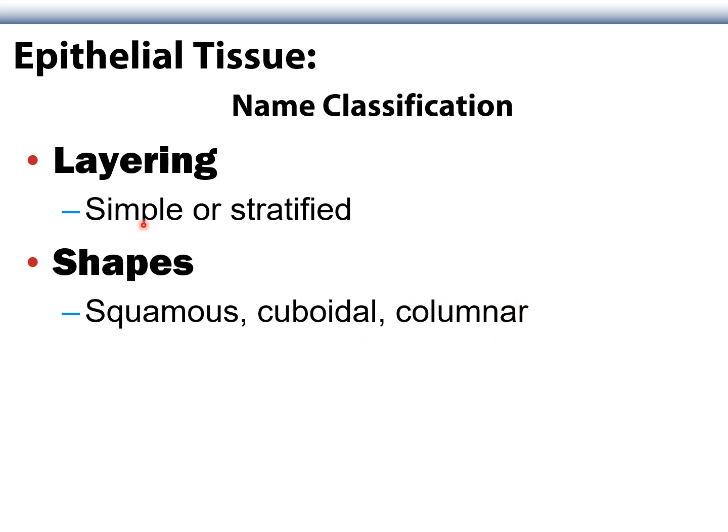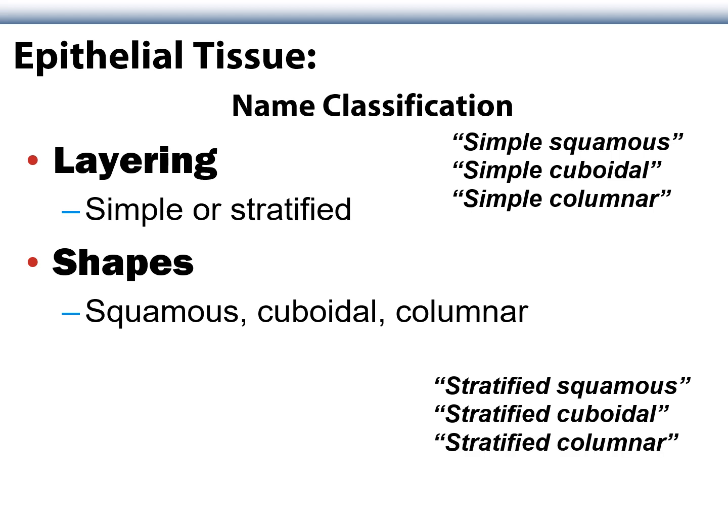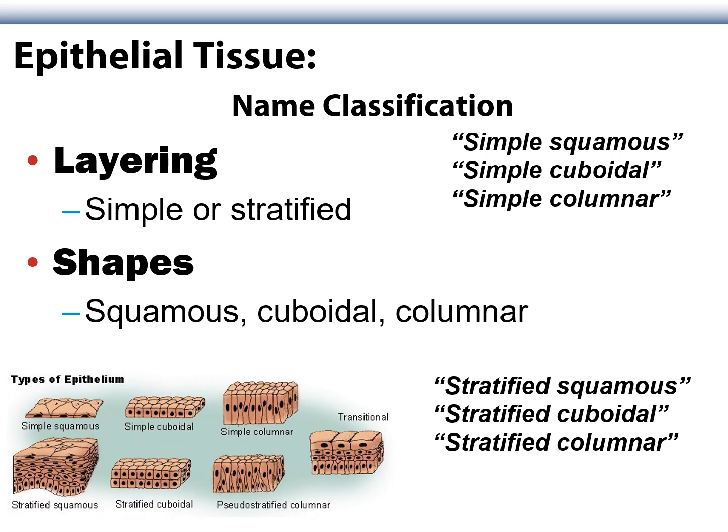So we often say simple squamous or stratified squamous, et cetera. So here are just some examples of that, simple cuboidal or stratified squamous and so forth. Again, these are one layer or multiple layers, and the cell shapes often are directly related to the function that they engage in. So here are some examples just to figure for you.